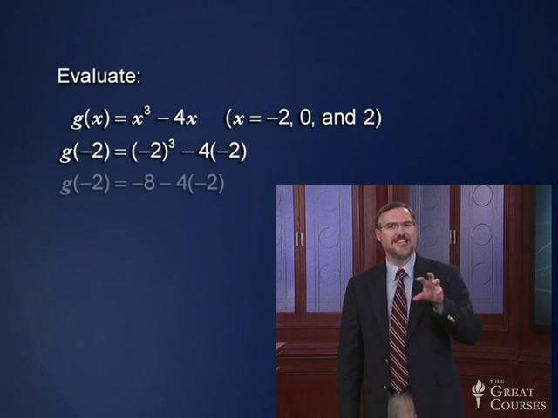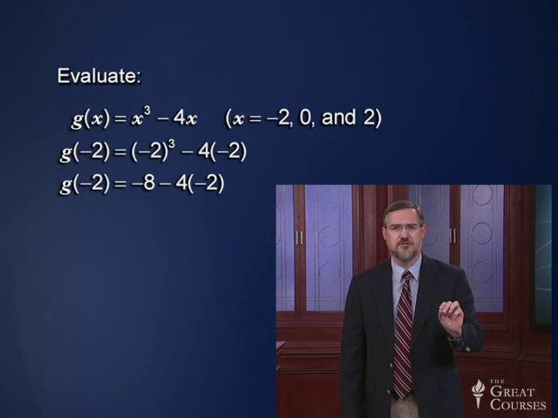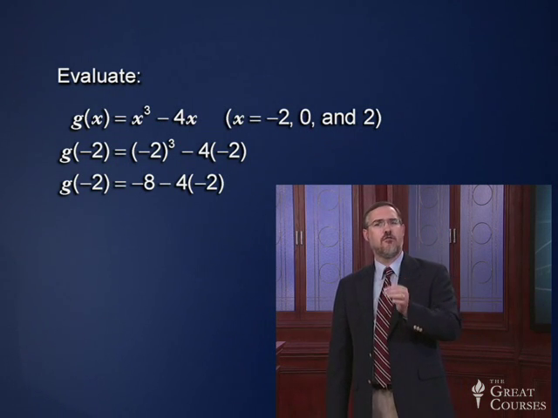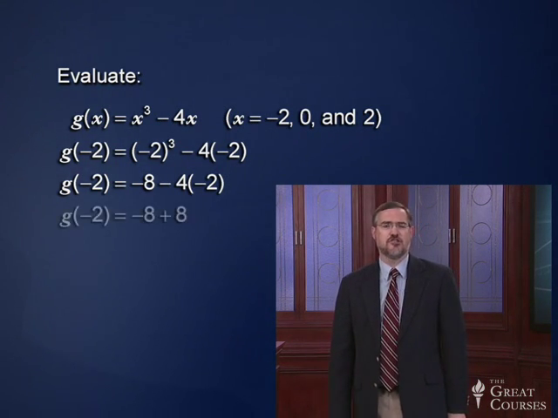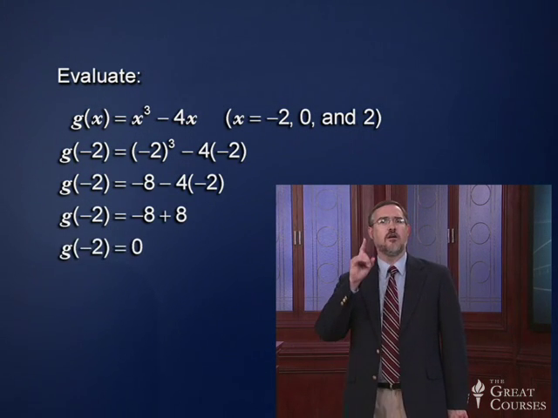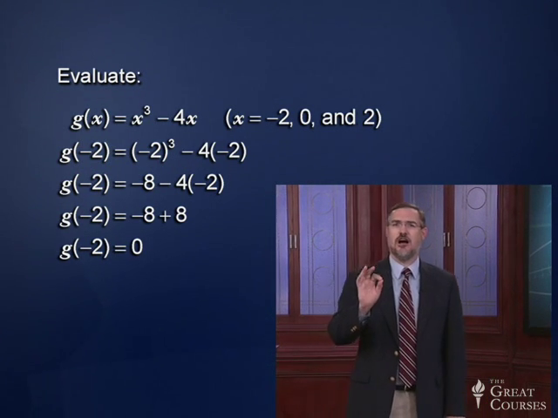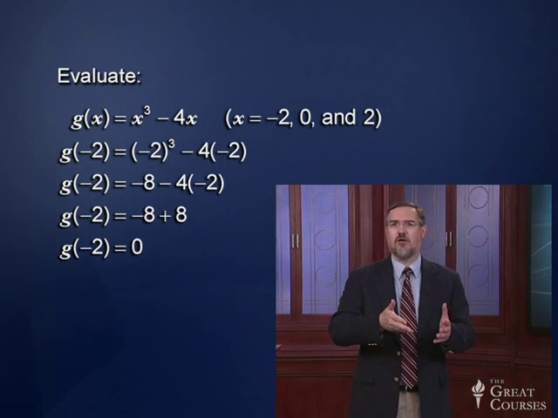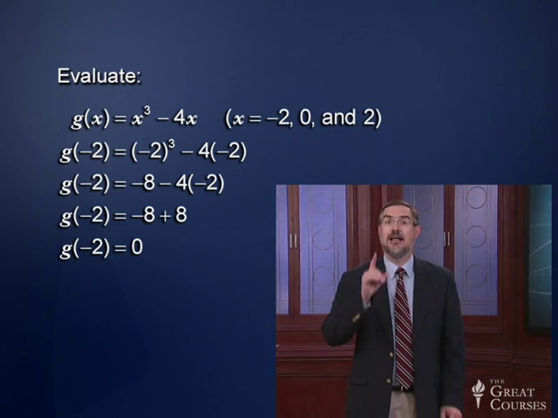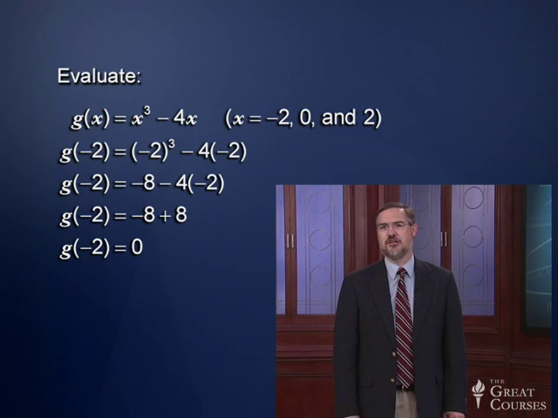And that's the same as negative 8, because that's negative 2 times negative 2 times negative 2, minus 4 times negative 2, which is the same as negative 8 plus 8, which is 0. So what I'm really seeing here is that the point (-2, 0) is on this graph, or the graph goes through that point. That's an x-intercept of this graph because the y value equals 0.